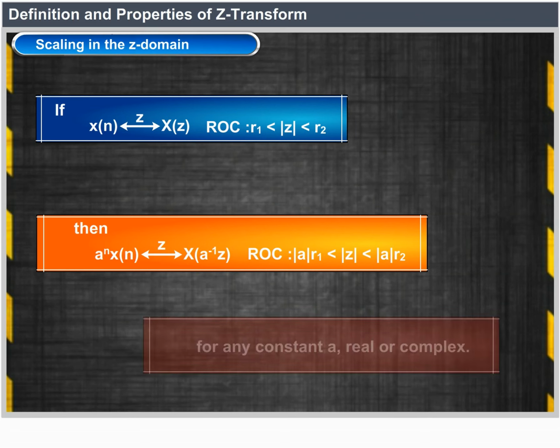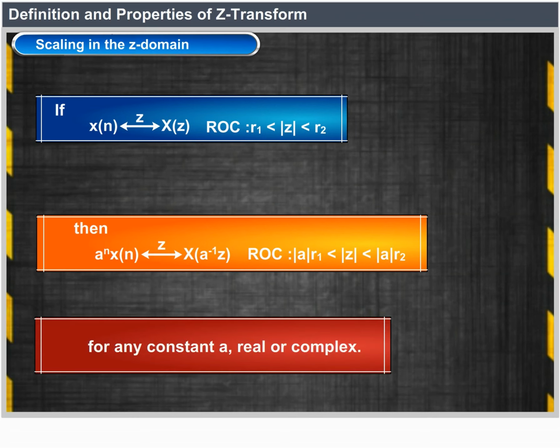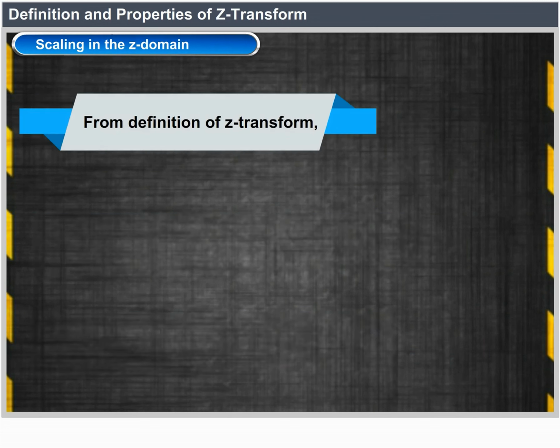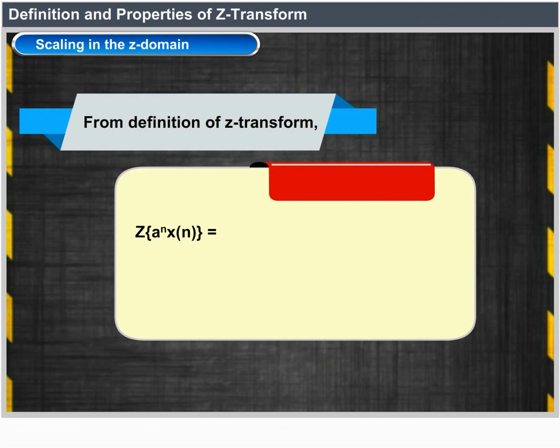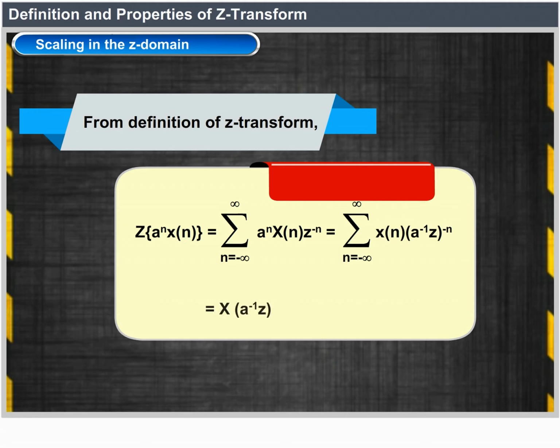For any constant a, real or complex, from the definition of the Z transform, Z of a^n x(n) equals the summation from n equals minus infinity to plus infinity of a^n x(n) z^-n, which equals the summation of x(n) (a^-1 z)^-n, which equals X(a^-1 z).